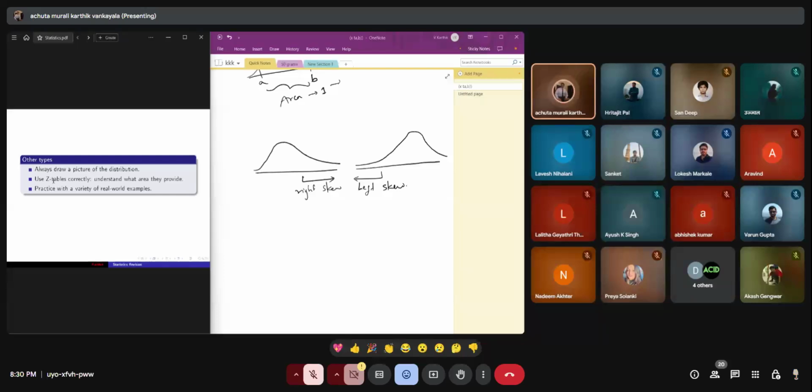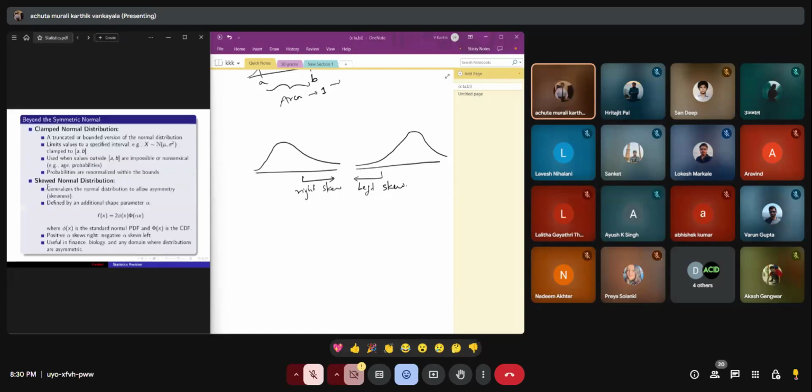And for the normal, chi-square, T and F distributions, you have tables, because for them it is very difficult to find probabilities directly, right? So use those tables very properly and correctly. Understand what area you are looking for in the table, and then practicing with real world examples really helps you.